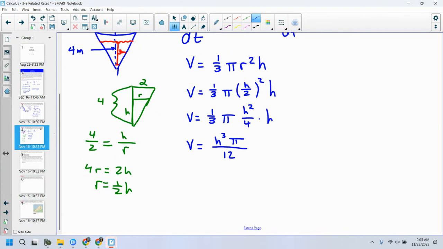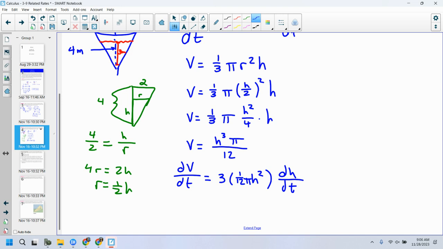So that means I've got a dv dt on the left side. On the right side, that's going to be a 3 times 1/12 pi H squared dh dt. You follow me there? The 3 comes out in front because of the H to the 3rd.